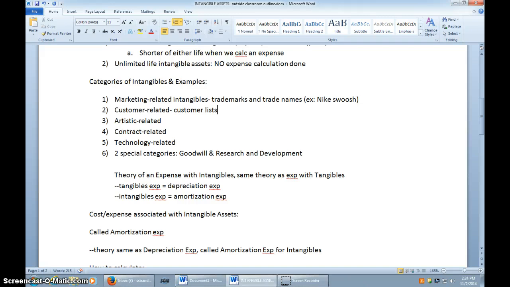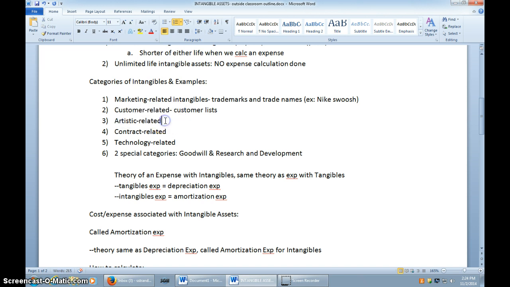A lot of companies sell those lists to other companies so they can in turn send you emails or send you mailings or send you a whole host of other ways to get in touch with you. Those are customer lists. Those are considered intangible assets.